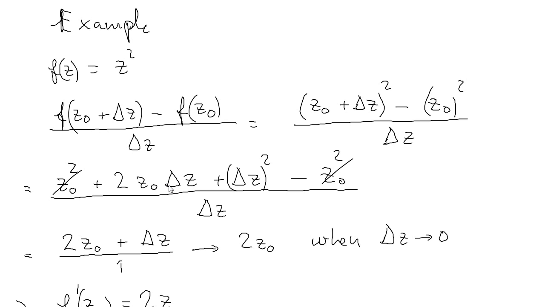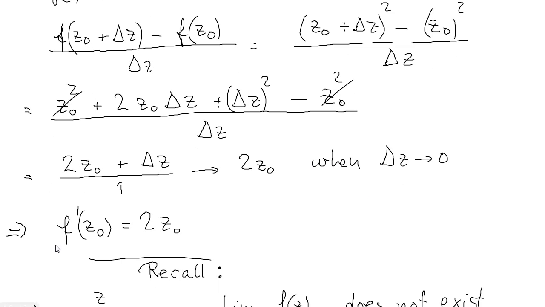So when we are dividing by delta z, we obtain 2z0 plus delta z, and when delta z goes to 0, we see that this will approach 2z0. So this means that the derivative of f at the point z0 is 2 times z0.